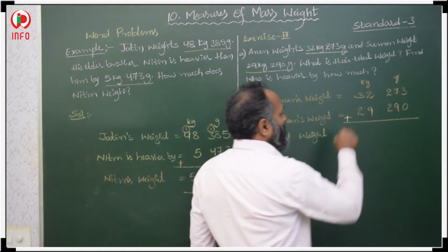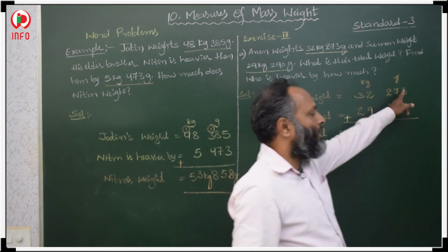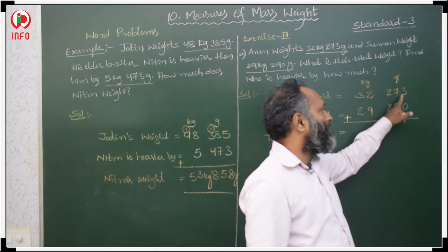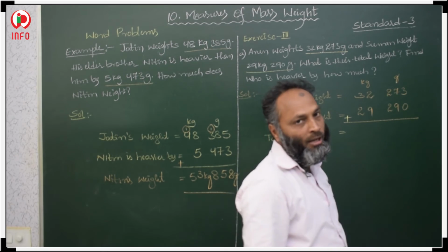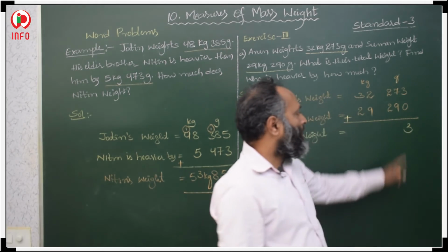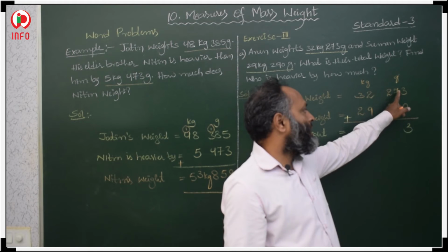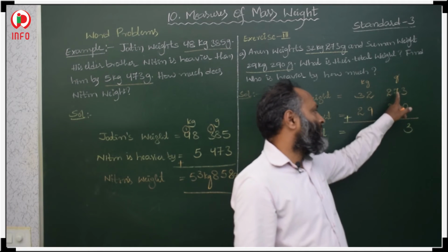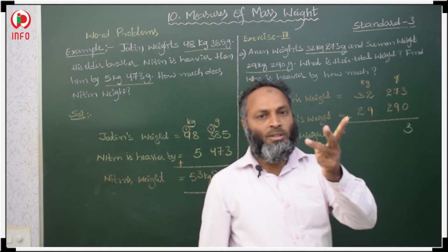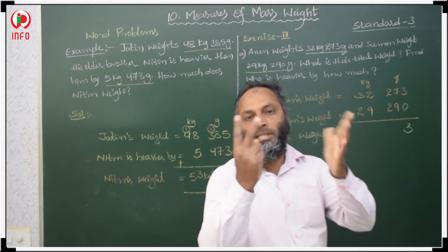Addition. Okay. First grams, extreme right digit, we have to add 3 plus 0. 0 and any number, if we add, the number itself is the answer, 3. Then next digit, tens digit, 9 plus 7 or 7 plus 9. 9, then 7 we have to count: 10, 11, 12, 13, 14, 15, 16.